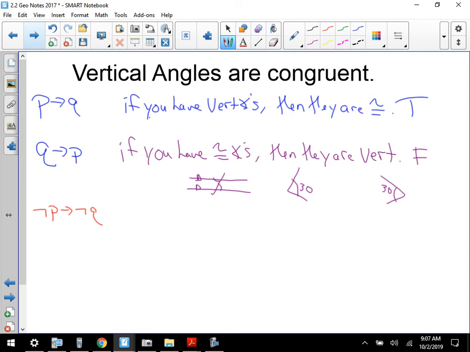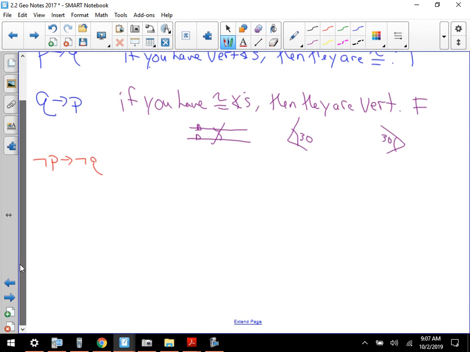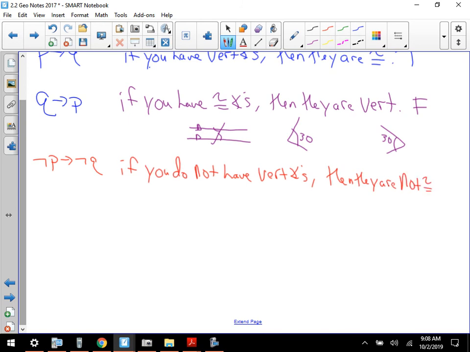If you do not have vertical angles, then they are not congruent. Is that true or false? False.